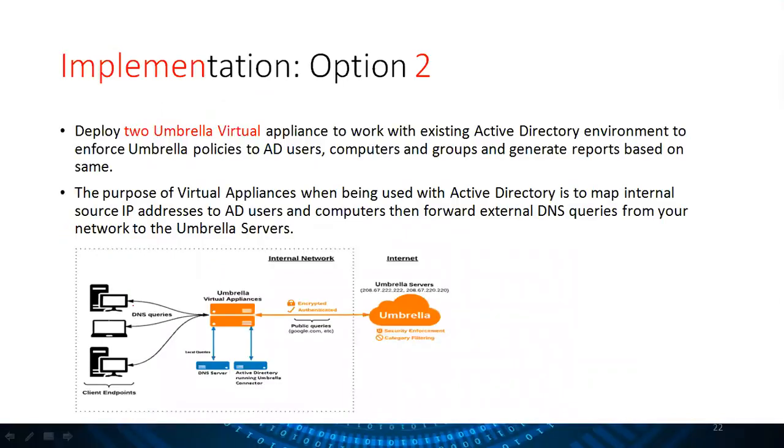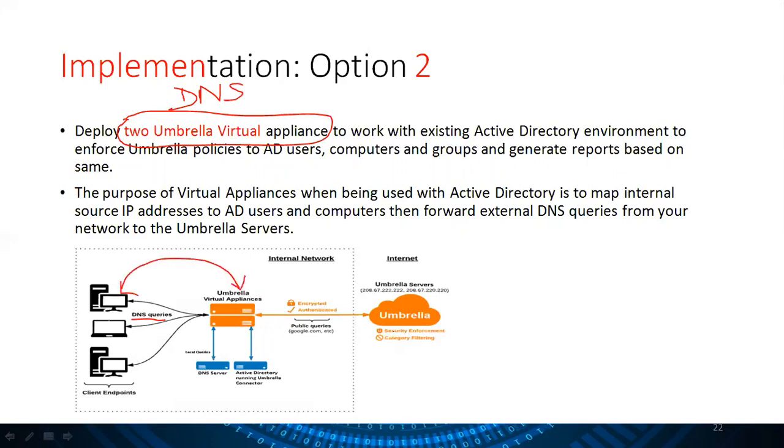The option number 2 is the recommended solution, where Cisco recommends that we deploy two Umbrella appliances in your data center to offer resiliency. And this Umbrella appliance will be configured as an authoritative DNS server, and all the clients, all the workstations will be configured to use the DNS server IP address of these Umbrella VM appliances.